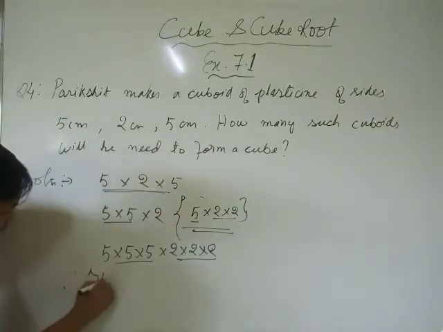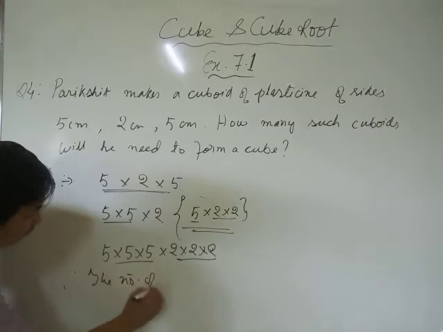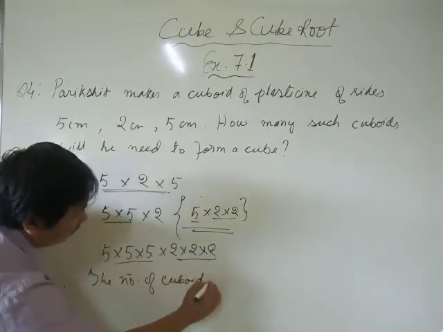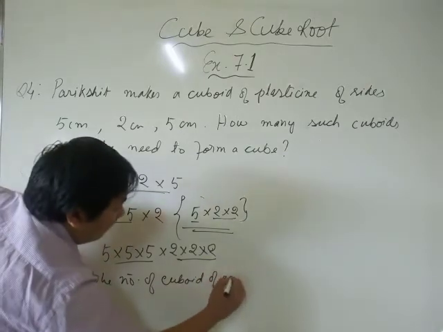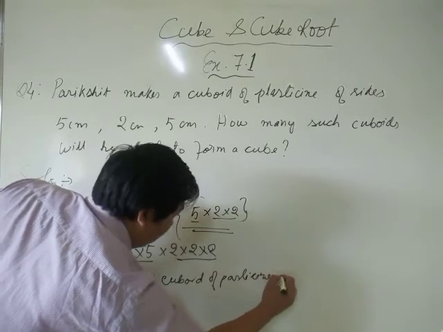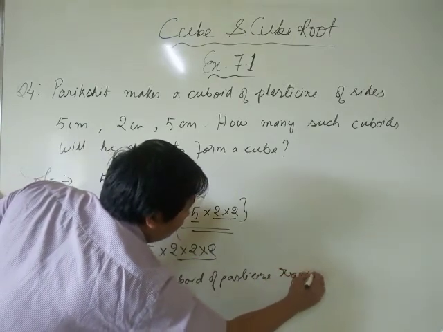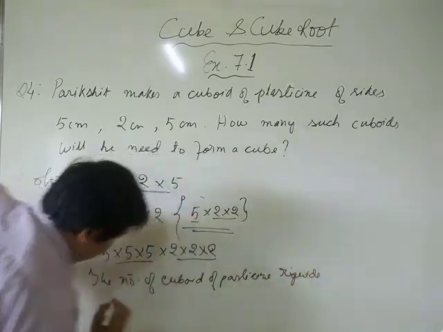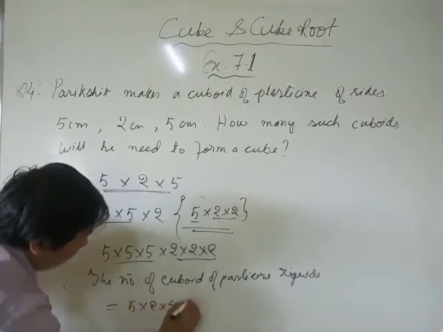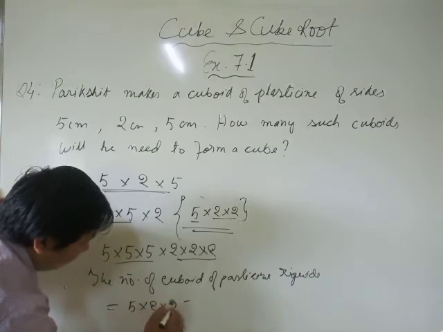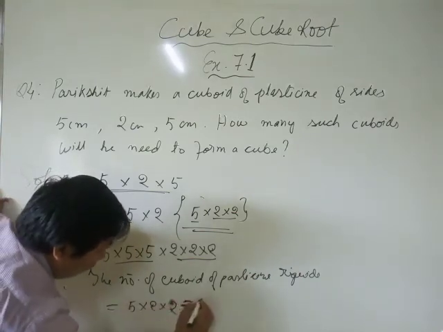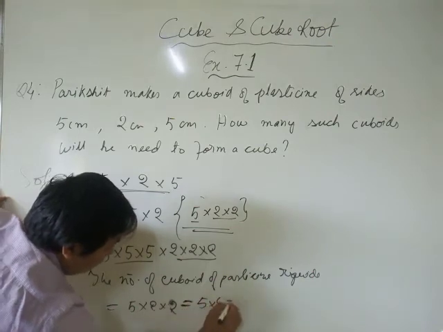Therefore, the number of cuboids of plasticine required is equal to 5 into 2 into 2, that is equal to 5 into 4, that is 20.